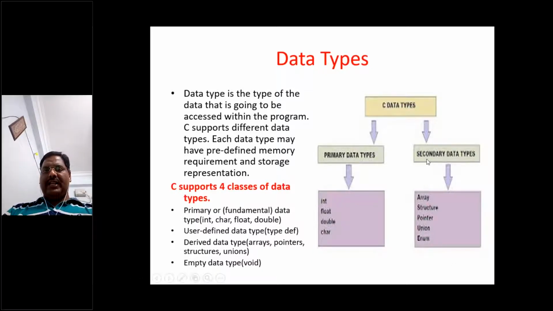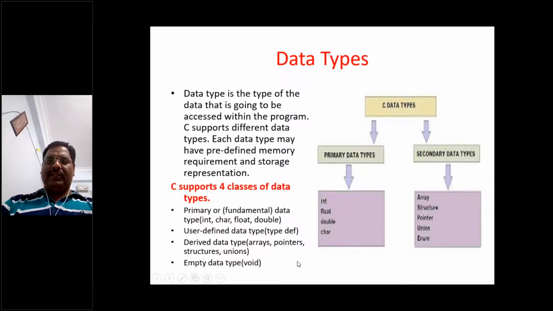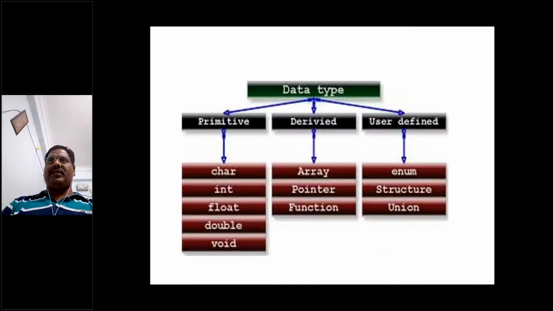Secondary data types are arrays, structures, pointers, unions, and enumerations. User defined data types use typedef, and another is the empty data type. These are what we are mainly concentrating on, and let us go somewhat deeper.